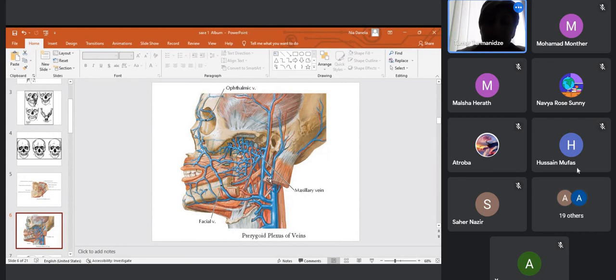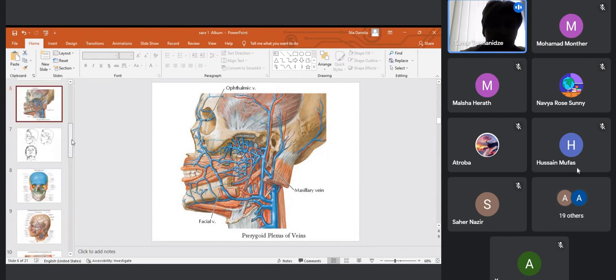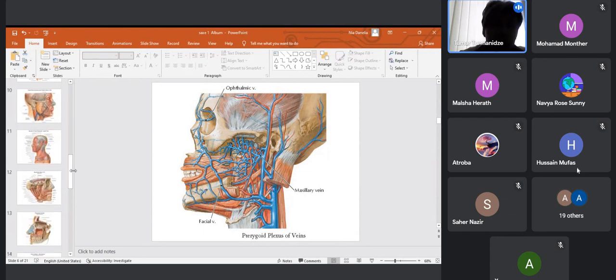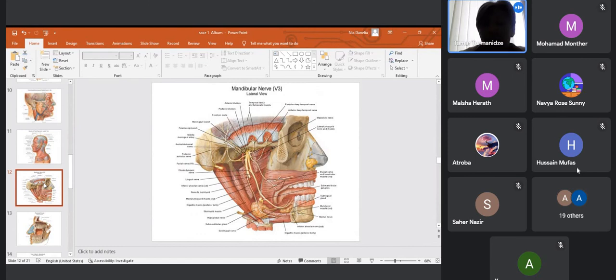The nerve which is located in the deep region of the face is the trunk of the mandibular nerve. We see the trunk of the mandibular nerve. So the mandibular nerve is a division of the trigeminal nerve.